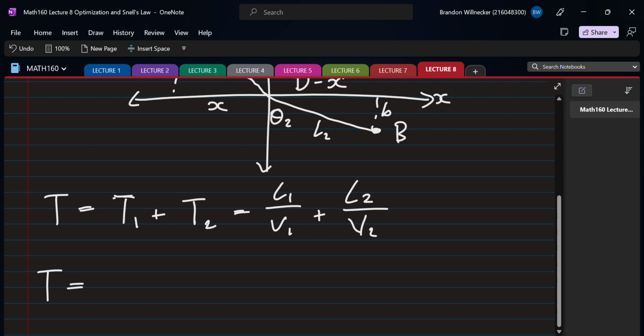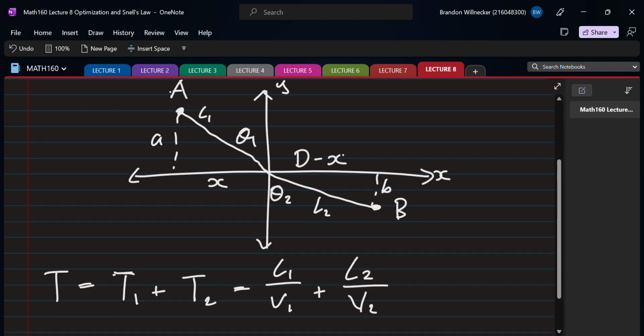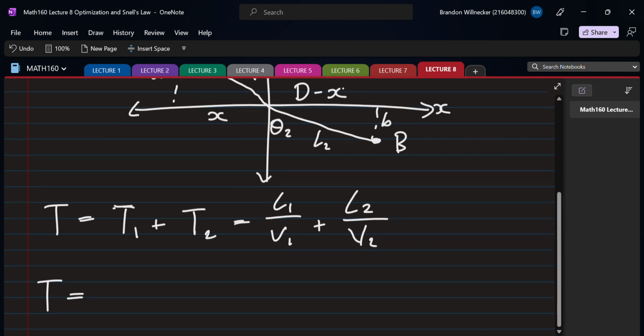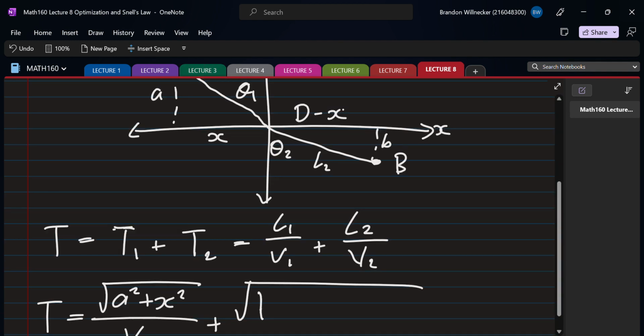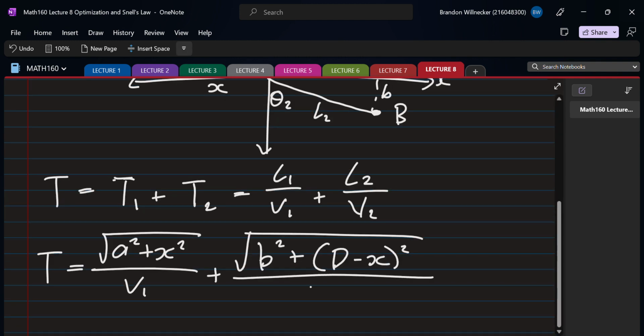So we're going to have t is equal to L1. If we write that in terms of x and a, like we had before with the x1 and y1, this is going to be the square root of a squared plus x squared over v1 plus L2. We can work that out. That's going to be the square root of b squared plus d minus x squared, all over v2.